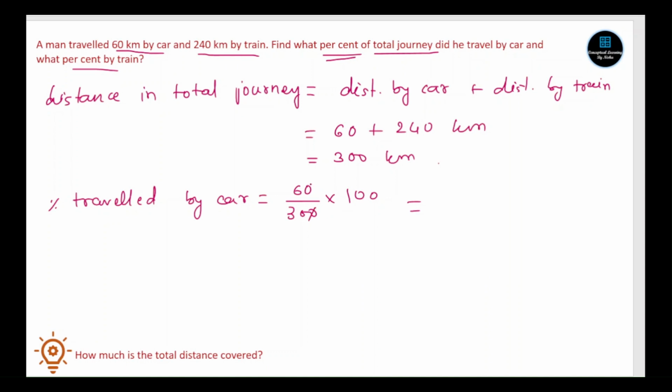So I can cancel out 0. I can cancel out one more 0 here. 3 1 times 3, 2 times 6. So what do we get? 2 into 10 upon 1, which is nothing but 20%. Understood? Easy? Can you find it for the train now? Yes, it is very easy. So, percent traveled by train.